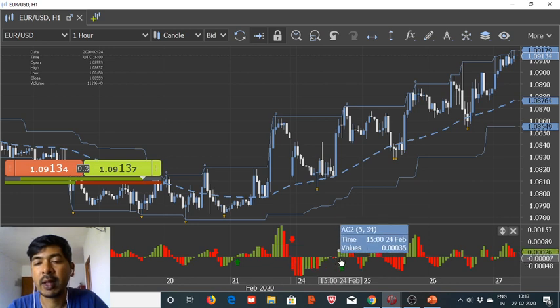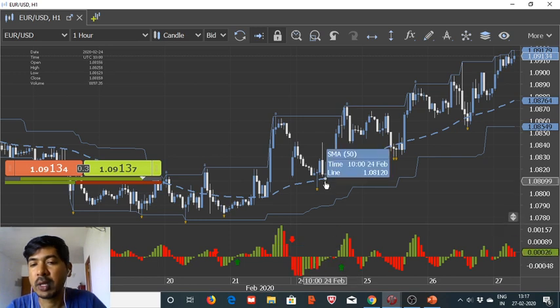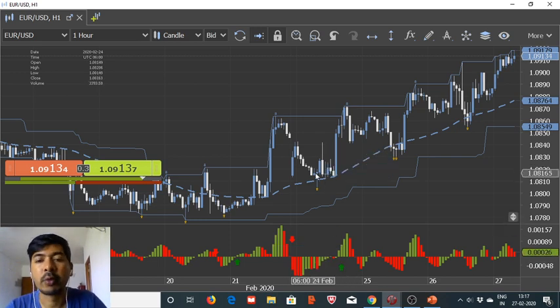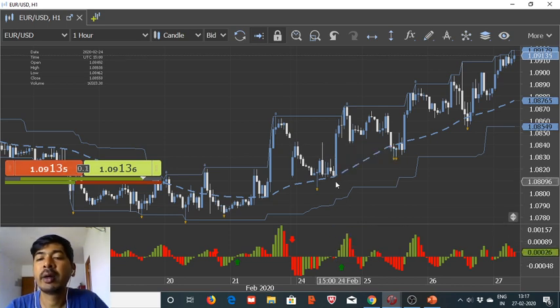So the buy trade is supposed to happen in this 16 GMT hour of 24th of February, looking at these SMA and AC2 values, and then the additional conditions come in, that is the last tick price.